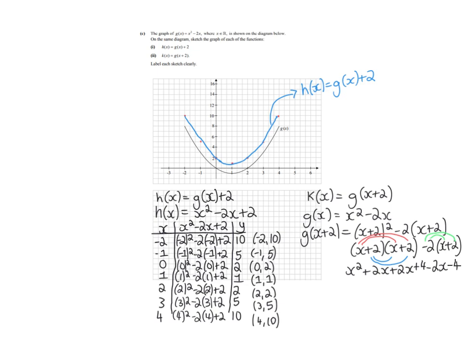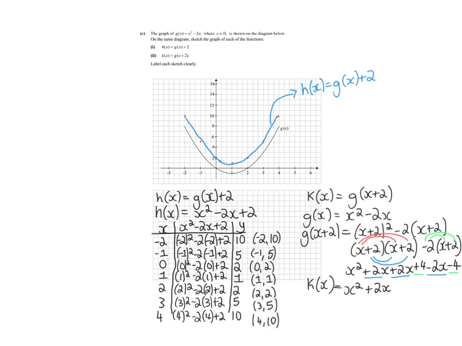Then we can underline the like terms. So we have a plus 2x minus 2x, and then we have a plus 4 minus 4. So we'll be left with x squared plus 2x, and that'll be it. So then k of x is equal to this.